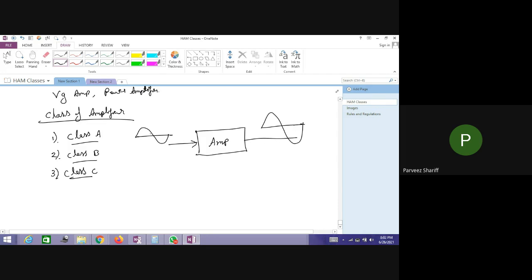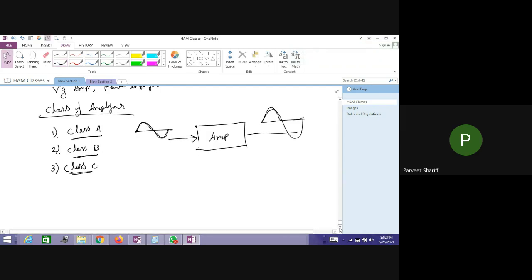But here the question is, do I need the entire input across the output, or is only a portion of the input sufficient? That defines the class of amplifiers. The classes of amplifiers give the output only with respect to a portion of the input waveform.